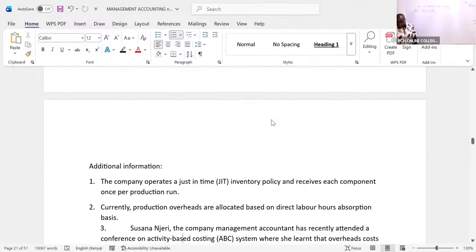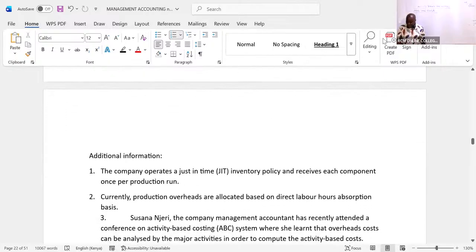So additional information, the company operates a just-in-time system, a JIT system, inventory policy, and receives each component once per production run. I haven't yet taught you inventory management, but whenever you hear of this JIT, what comes to your mind? In this case, just in time, we shall only be making orders when we need to make production.